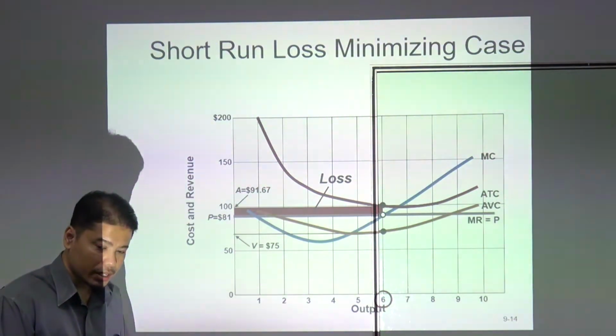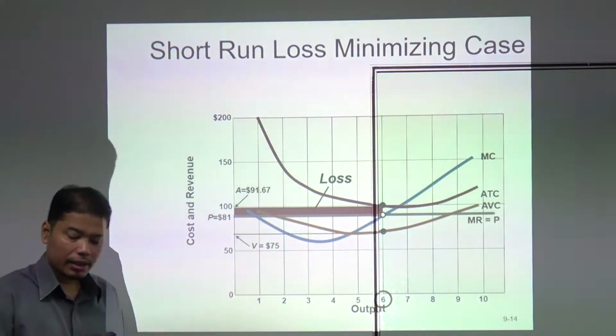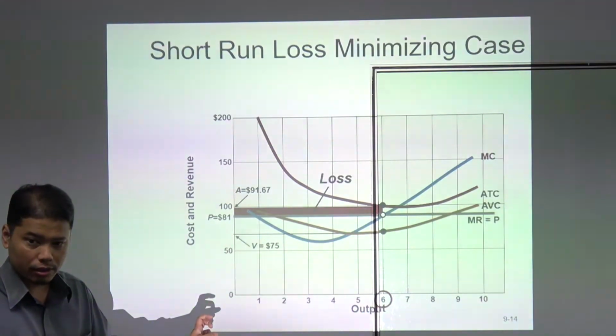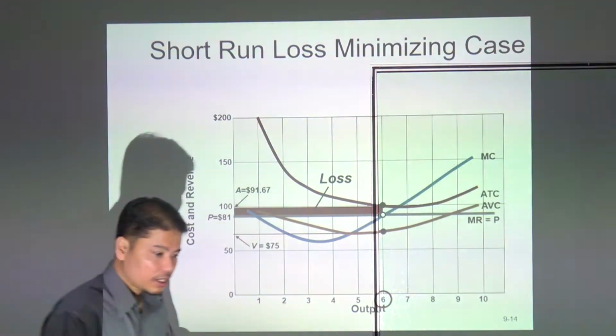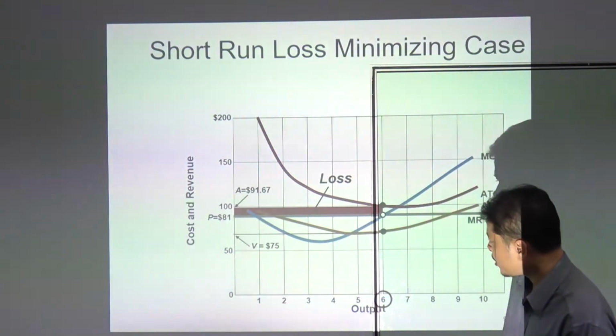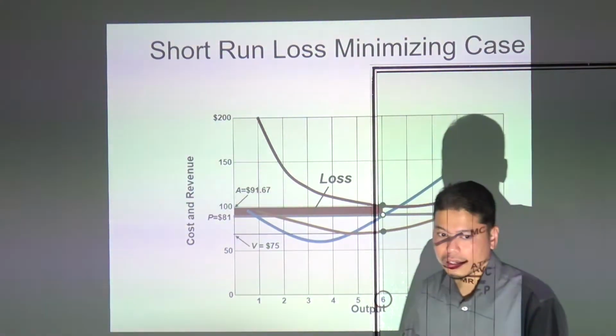So what would be the indicator to identify whether the firm should produce or not when the firm is making a loss? That's why we have the last step, step 3, which is to compare price and average variable cost.